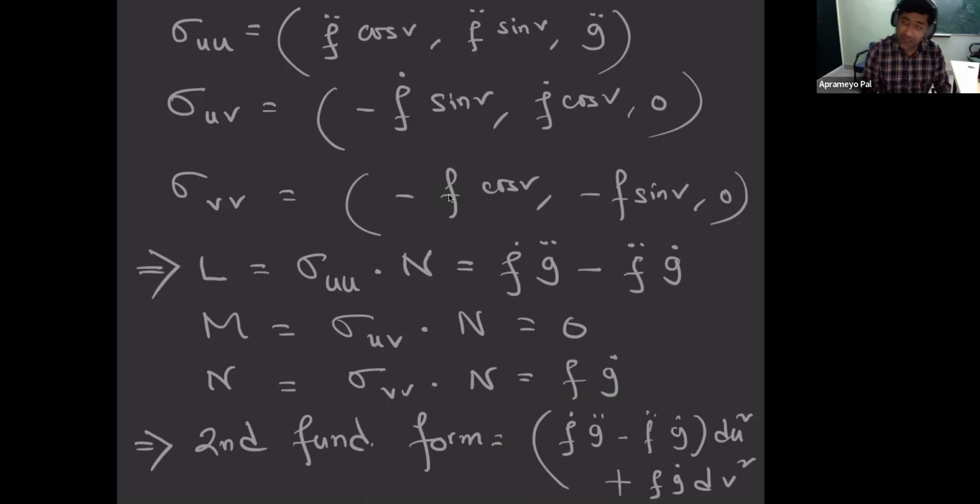I don't know if you recall from last week's lectures, for this surface the first fundamental form was also computed, and this was not actually this expression. But let me specialize to another example.